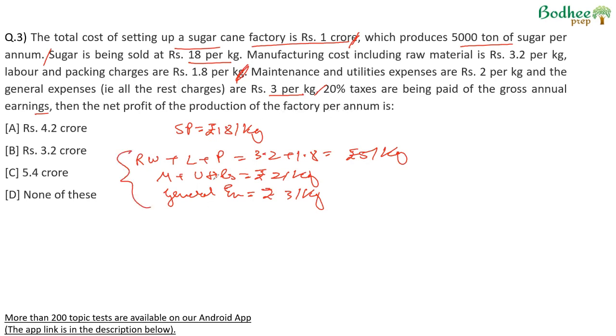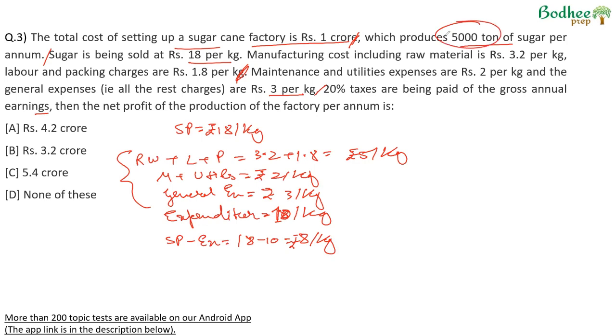Now, if we combine all the expenditures, the total expenditure per kg would be 5 plus 2 plus 3, which is 10 rupees per kg. Therefore, the net profit in a way will be selling price minus expenditure, which is 18 minus 10 or 8 rupees per kg.